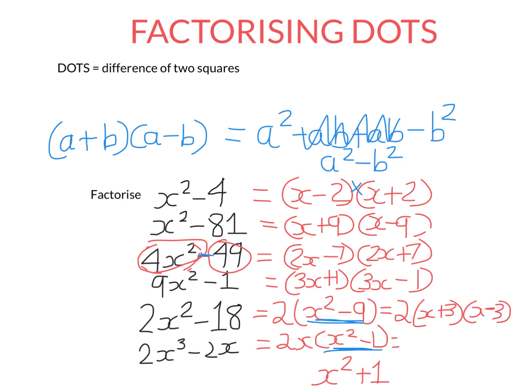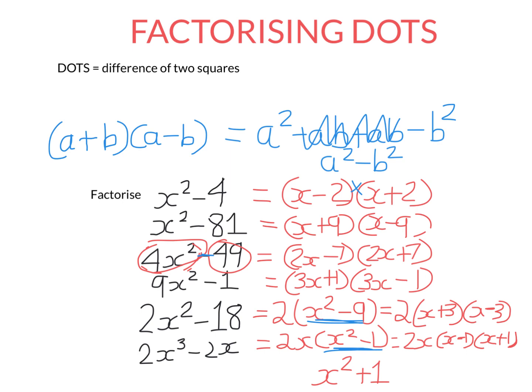We will leave the 2x alone. So let's factorize x squared minus 1. So the square root of x squared is x. The square root of 1 is just 1. One bracket gets a minus, one gets a plus, and we're done. If you expand this using FOIL, you will get this answer.